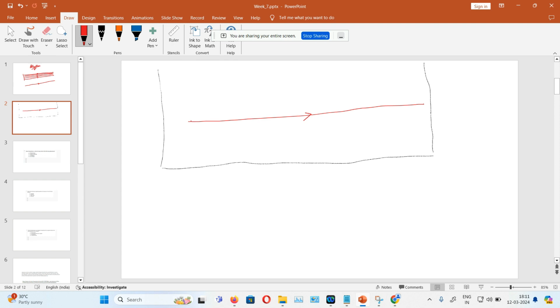Now, what happens if the light is traveling from one medium to another medium? Let us see that.